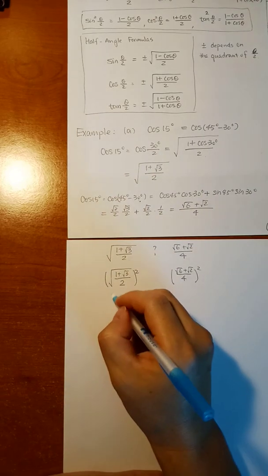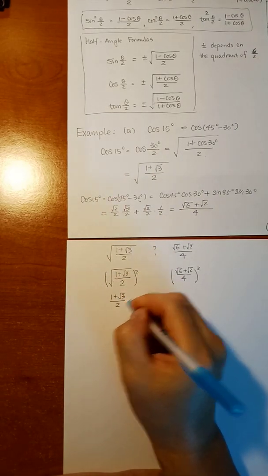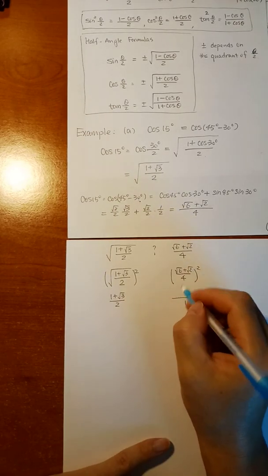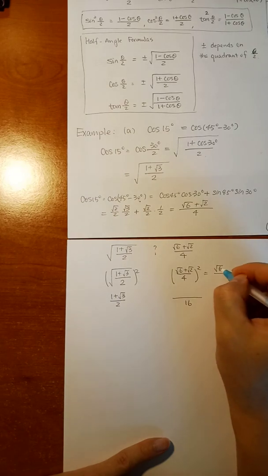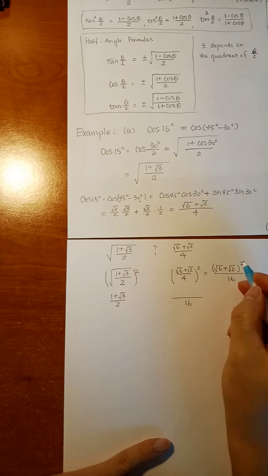Okay, so the left side is easy. The square cancels with the square root. The right side, let's square it. The denominator becomes 16. The numerator is the square root of 6 plus square root of 2, squared.